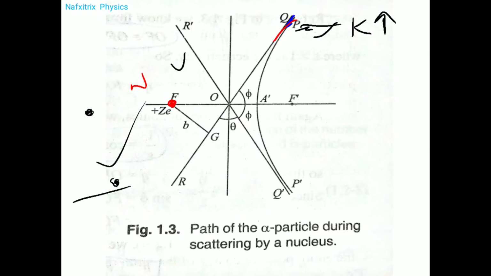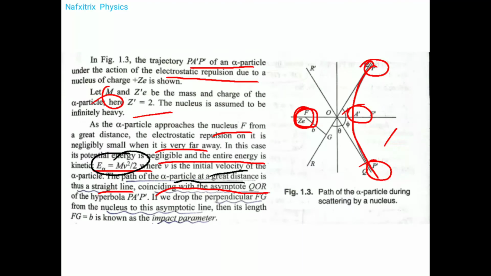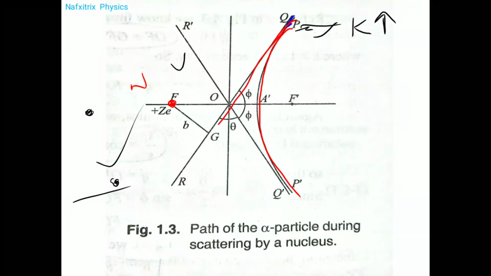So this is PAP dash, this is the hyperbola, and this asymptote they have mentioned is QOR, the asymptote tangent to that hyperbola. This is the direction of that particle initially.